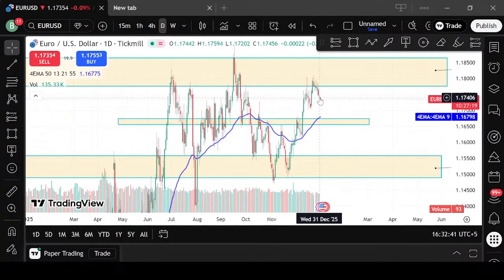Now it is in an uptrend. The price is right now in an uptrend. We can see that it will go further up because there is a large resistance area right now.